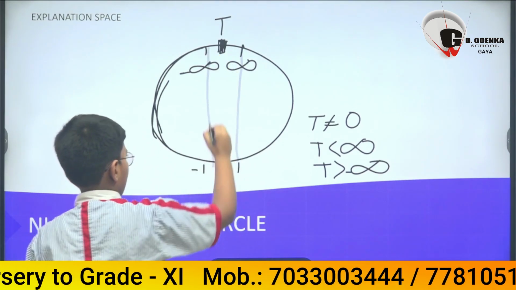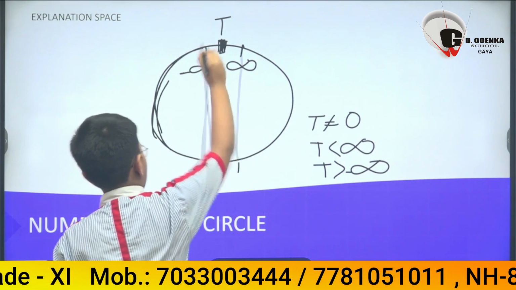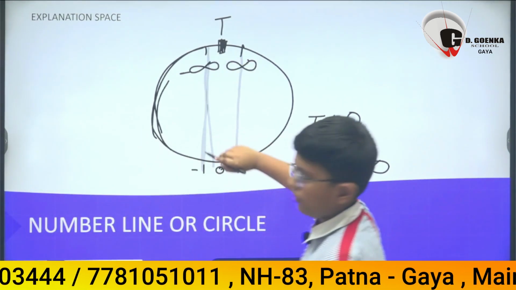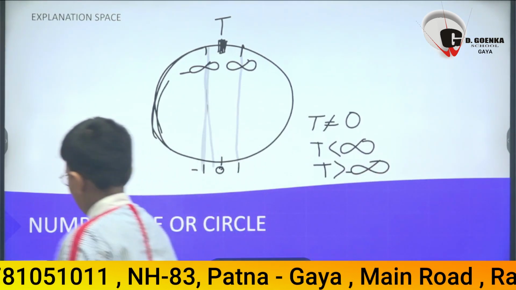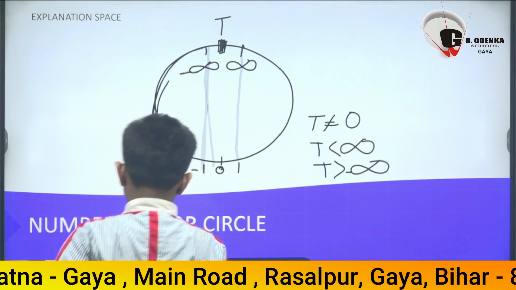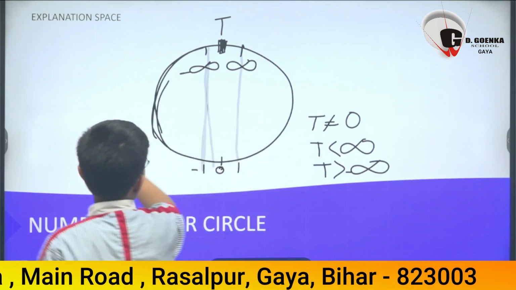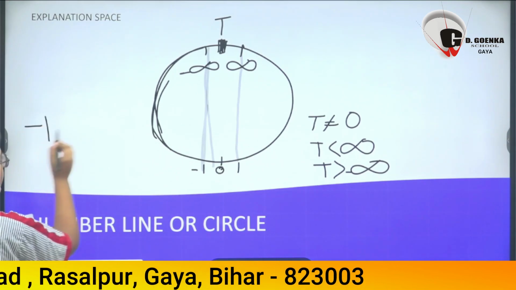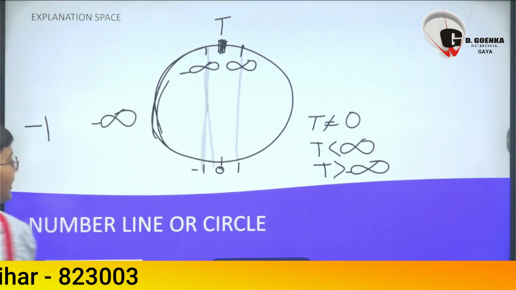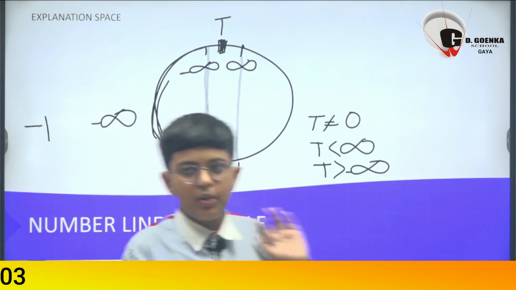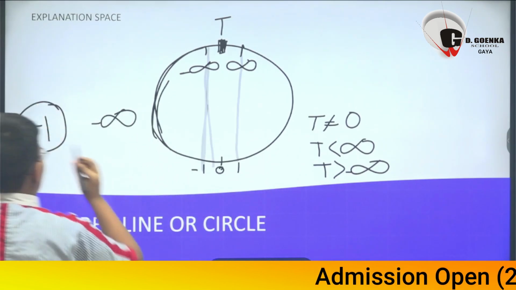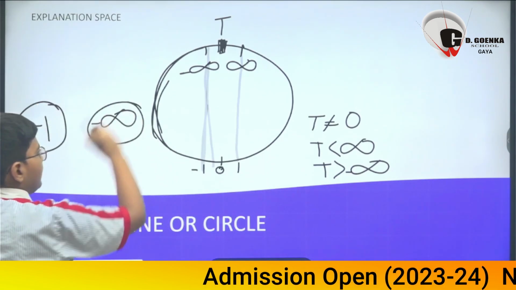These two are opposite numbers. How? The vertical line tells us that -1 and then the next line is minus infinity. -1 is the greatest negative number possible, and minus infinity is the smallest negative number possible.